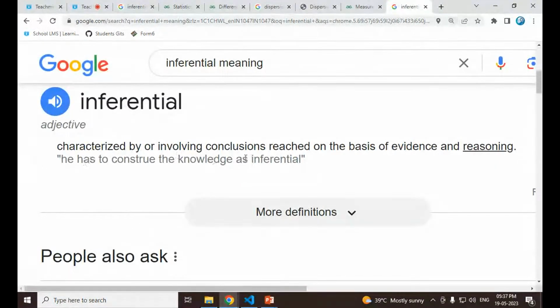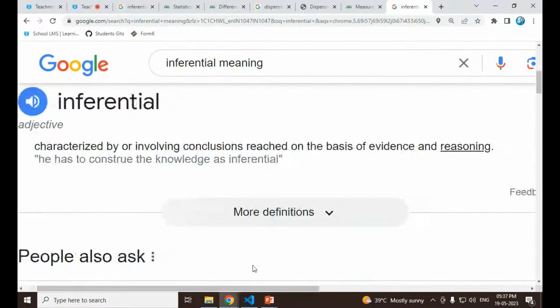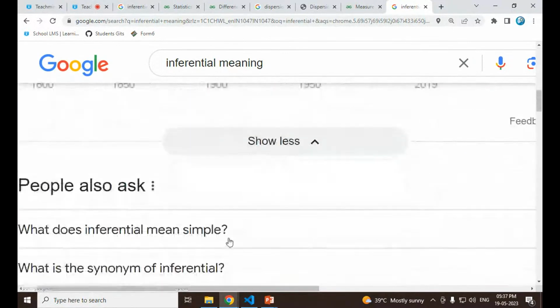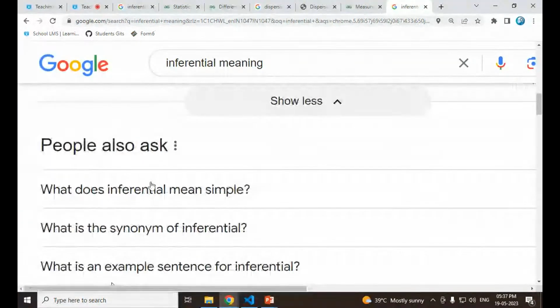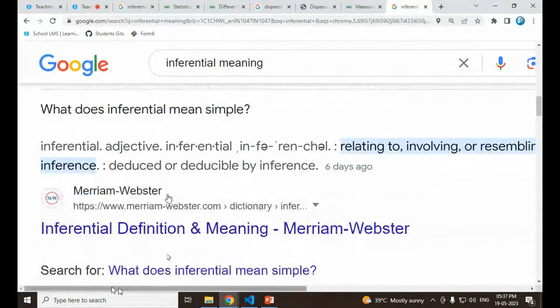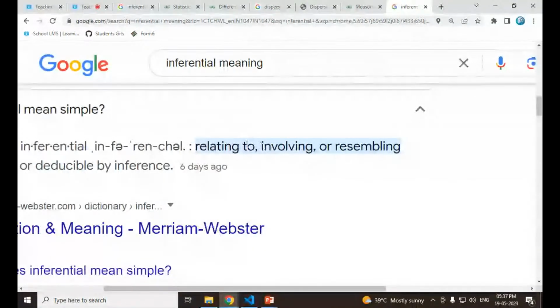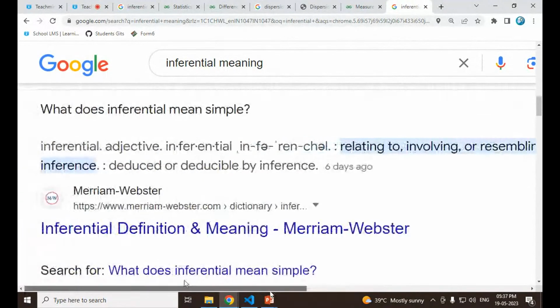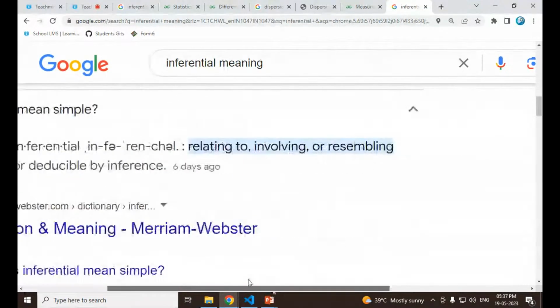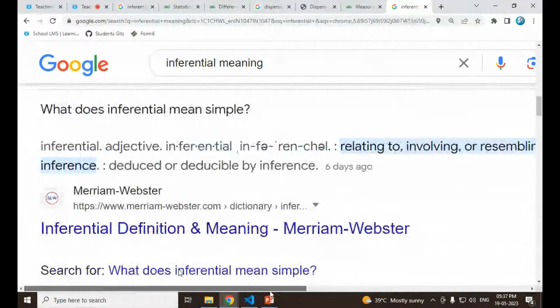Characterized. Okay, we have an example. He has to construe the knowledge as inferential. Relating to, involving, or resembling inference, or deducible by inference.